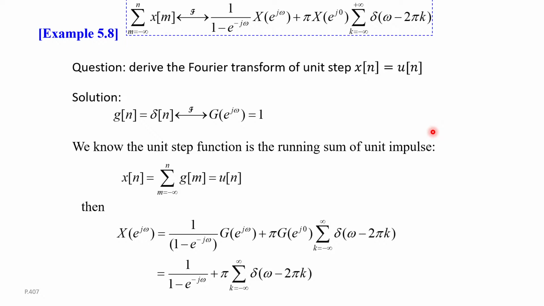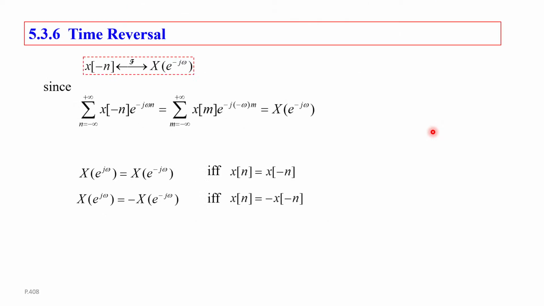And okay, good. Question, then time reversal, and time reversal once again is very easy. You can easily derive that if you do time reversal, then you will get frequency reversal. Okay, we actually have derivation here, just a change of variable.